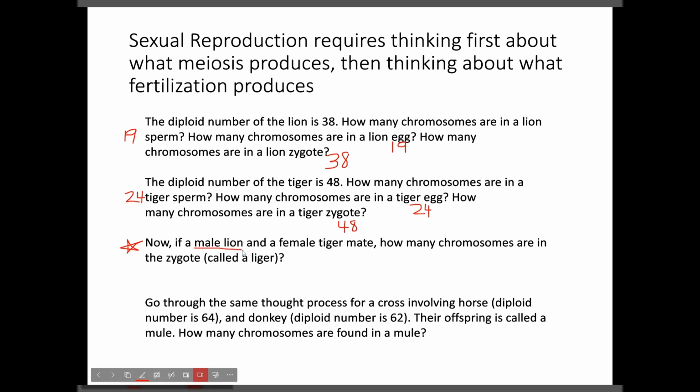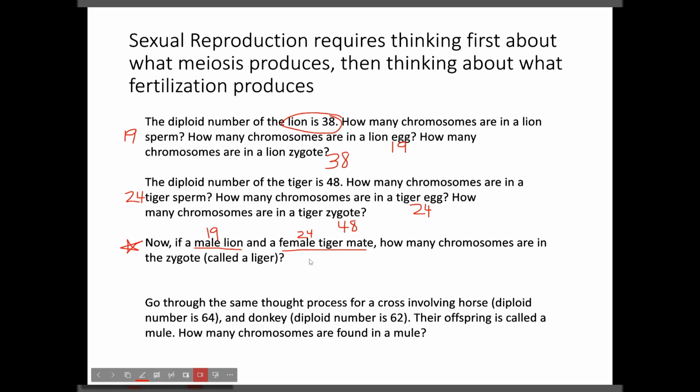A male lion makes sperm. How many chromosomes will be in the sperm? Well, we said the diploid number of the lion is 38, so the sperm would have 19. A female tiger, the tiger diploid number is 48, so the egg would have 24.